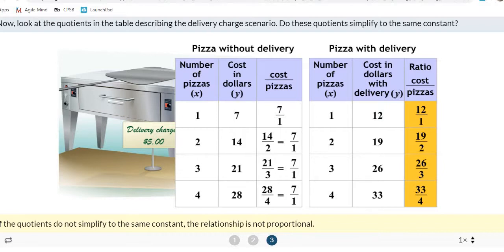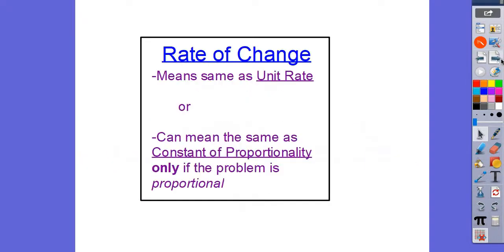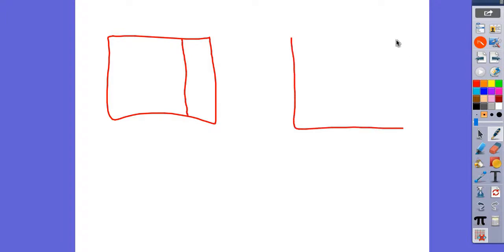It does not have a constant of proportionality, so it is not proportional. So I would like you, next to those two tables, for this first table column, what did we call that value? 7 over 1.